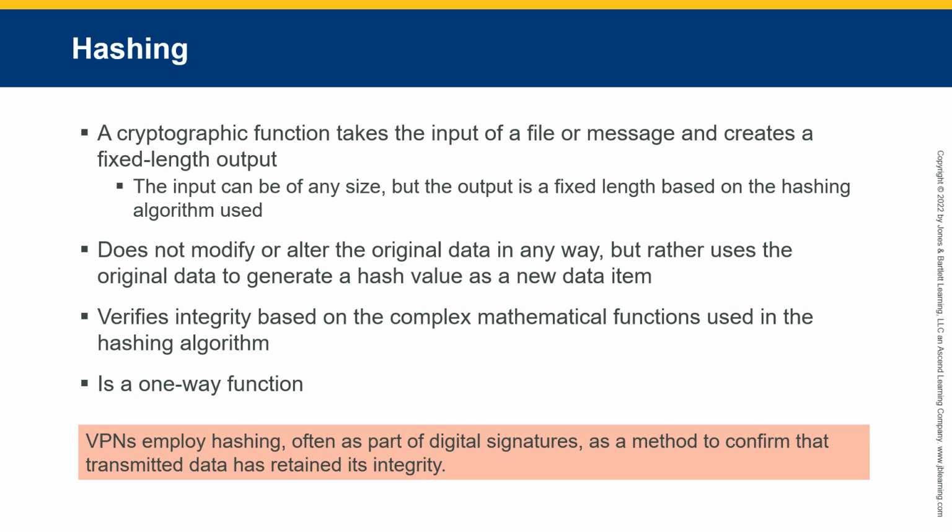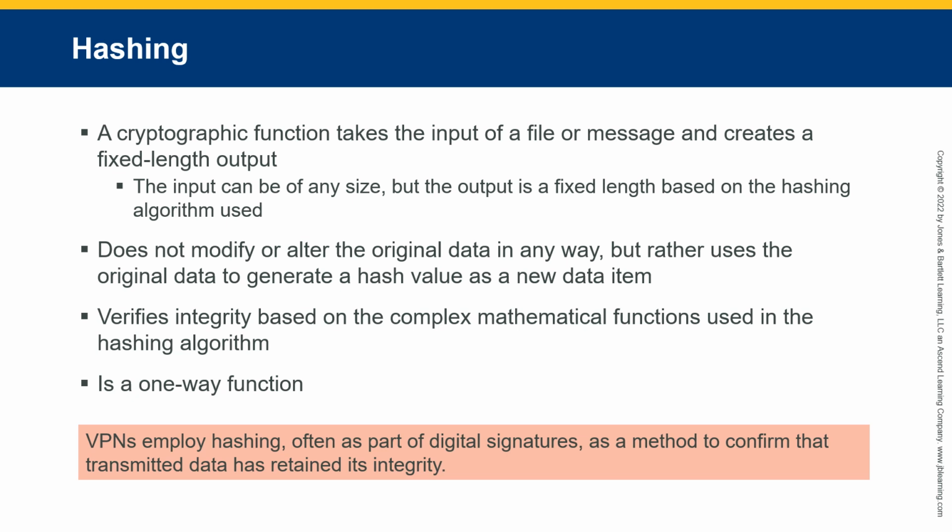So this just identifies that if I hash the same message that you hashed, using that same algorithm, and you send me that message as hashed, I compare the two and they're both the same.